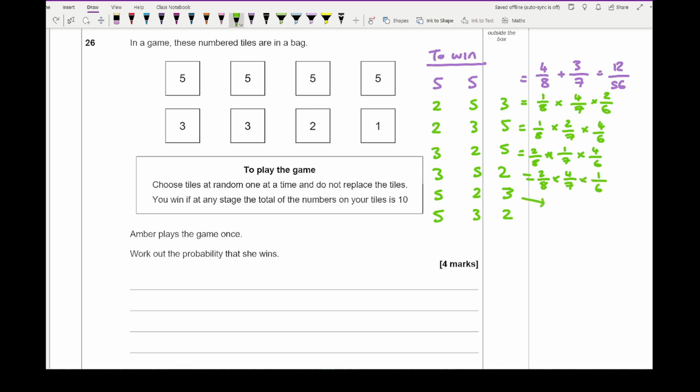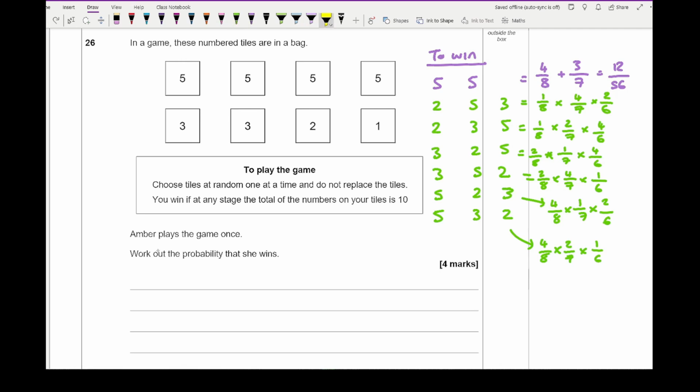This one here, 4 over 8 multiplied by 1 over 7 times 2 over 6. And then finally, this one we have 4 over 8 multiplied by 2 over 7 times 1 over 6. Now with each of these, what we need to do is work out what they are.